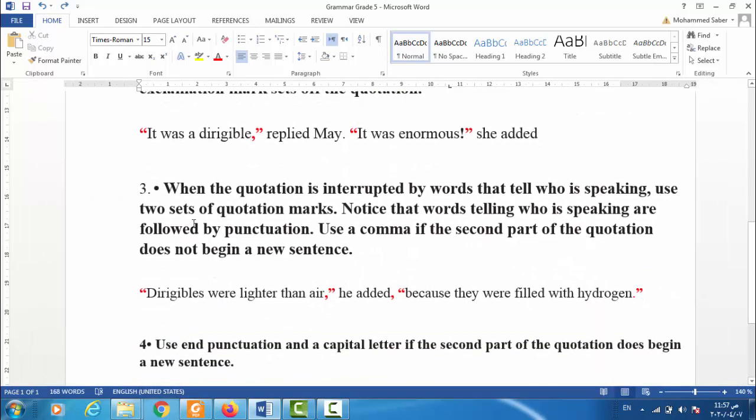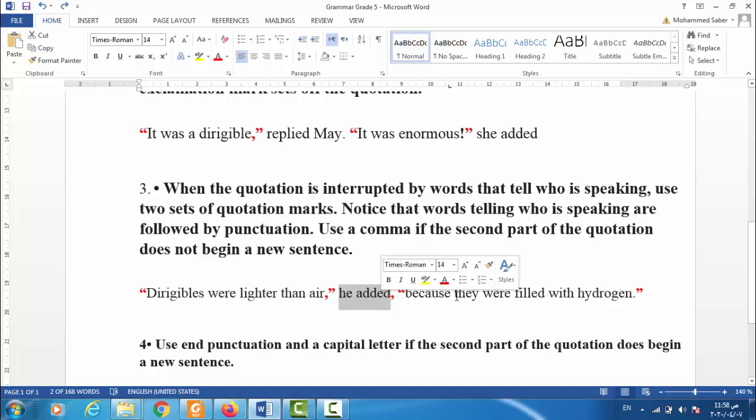Number three, when the quotation is interrupted by words, keep focusing on this part. When the quotation is interrupted by words that tell who is speaking. For example, I have a sentence like this, and all of this is one sentence, teacher, but the problem is that they interrupted the sentence in the middle with the person who said that part or who spoke it.